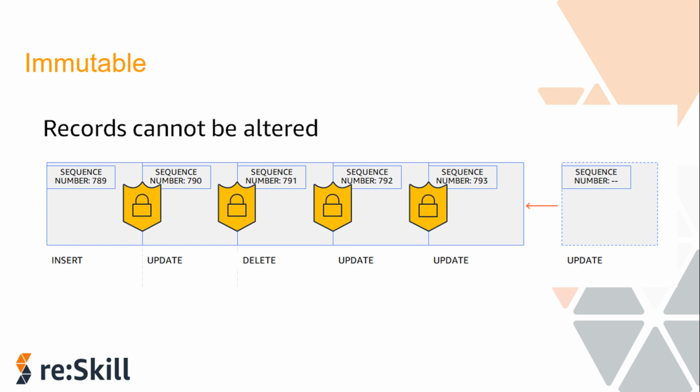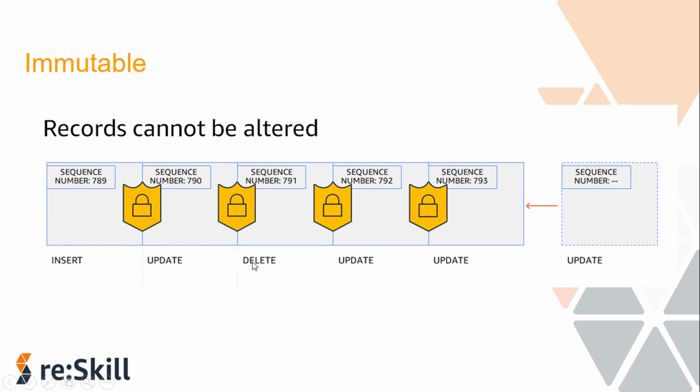QLDB writes one or more blocks to the journal in a transaction, and each block contains entry objects that represent the documents that you insert, update and delete, along with the statements that you ran to commit them. Also, these blocks are sequenced and hash chained to guarantee data integrity.